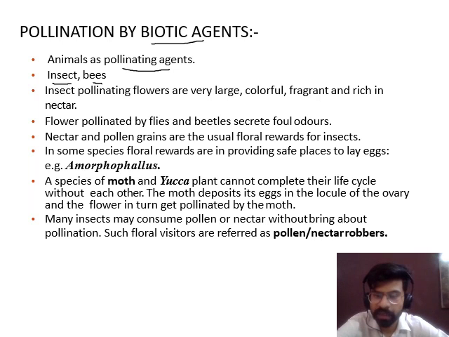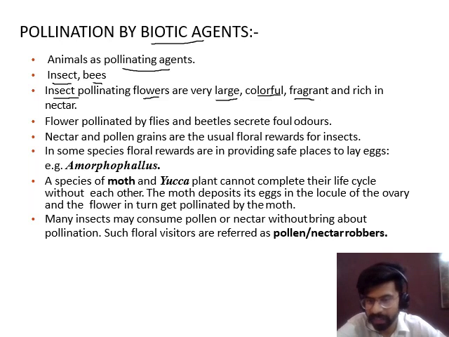So what are the various characteristics of these plants? If a plant favors insect pollination, the flower should be large in size and colorful. Colorful flowers attract insects. And the plant should have fragrance.